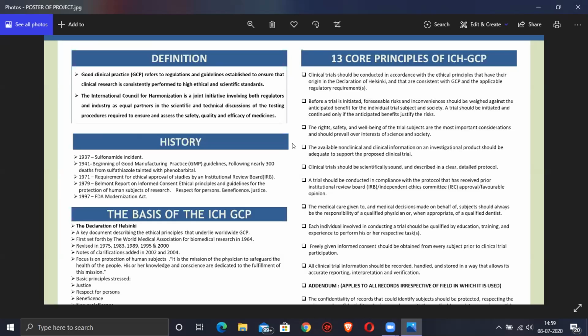Some articles say there was mention of informed consent even before the Nazis, but people consider that the main event which triggered the concept of informed consent is the Nazi human experimentation, after which we had the Nuremberg trials and the Nuremberg Code. Okay, Steve, thank you so much, and a very good presentation.